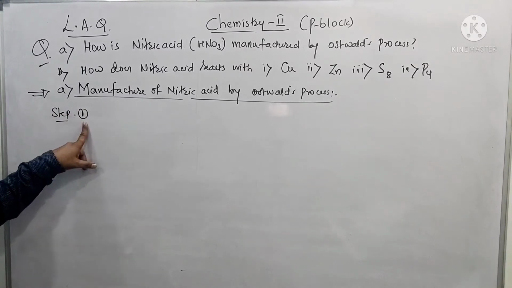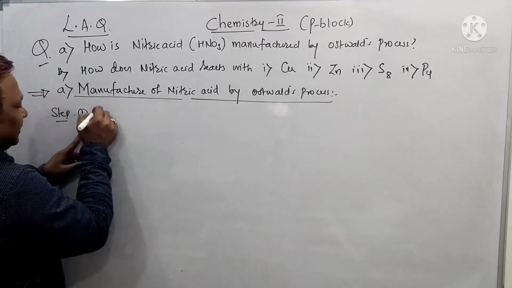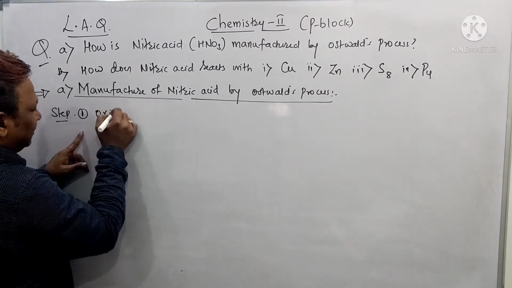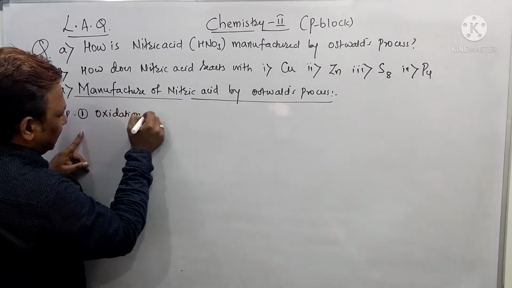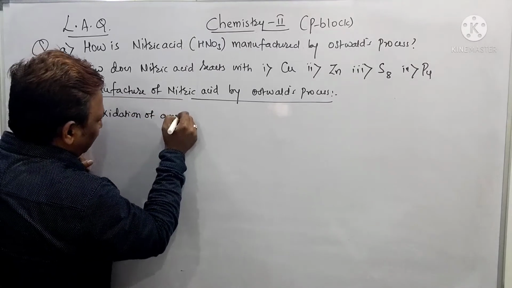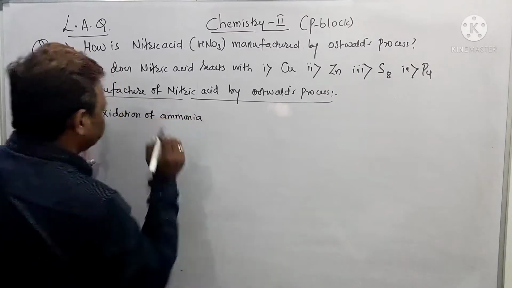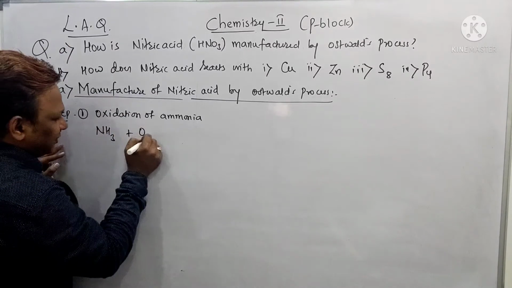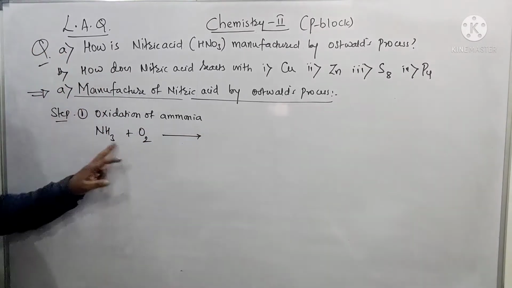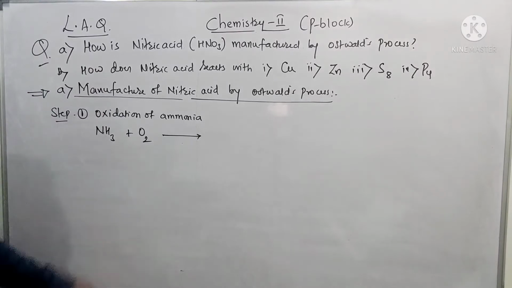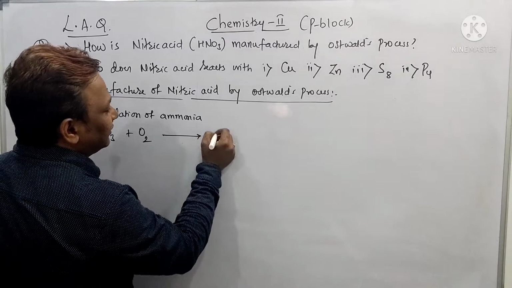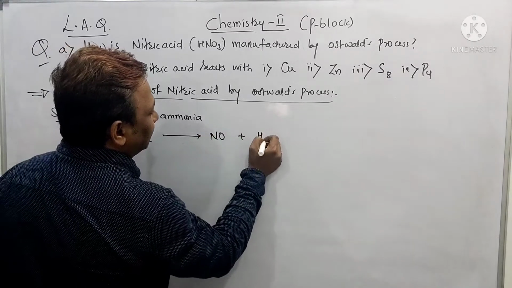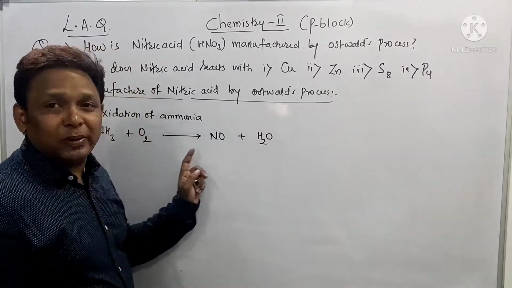Step 1 is called oxidation of ammonia. Ammonia means NH3, oxidation means O2. NH3 plus O2 gives rise to NO and water molecule. But most of the children don't know how to balance this reaction.